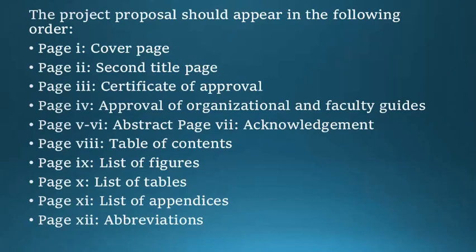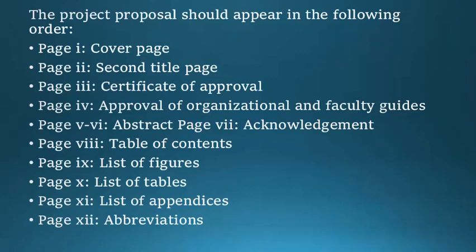Now let's see how the proposal should appear, and in what order. In the first page, we'll have a cover page, and the second page must be a title page. Then you should have a certificate of approval, and the approval of organizational and faculty guides must also be there as a fourth page.